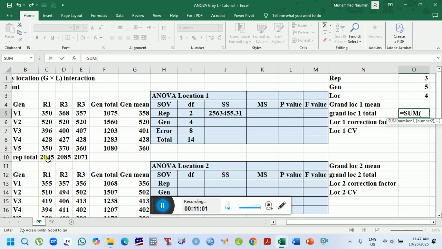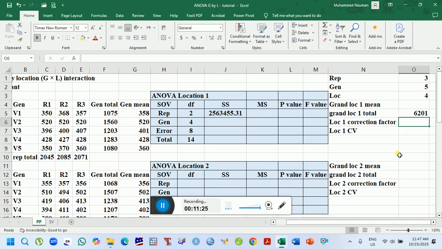Grand total will be, make the selection replication 1, replication 2, replication 3 total, and it will give us the whole total of this location 1. Press enter.